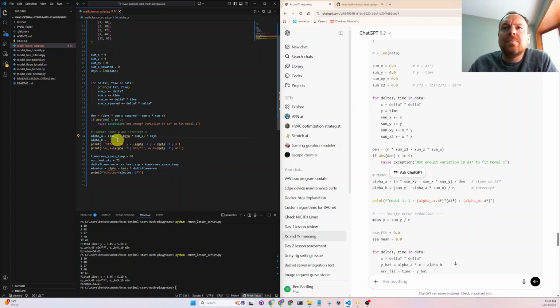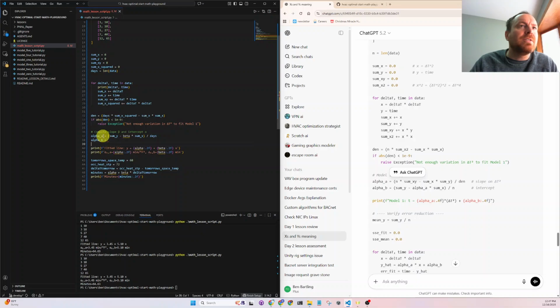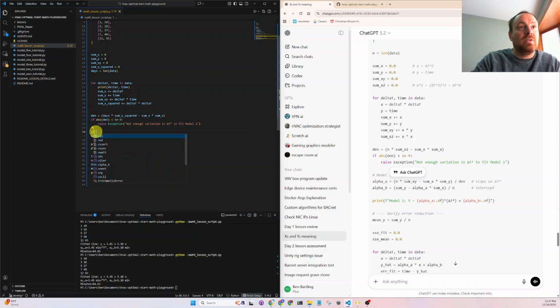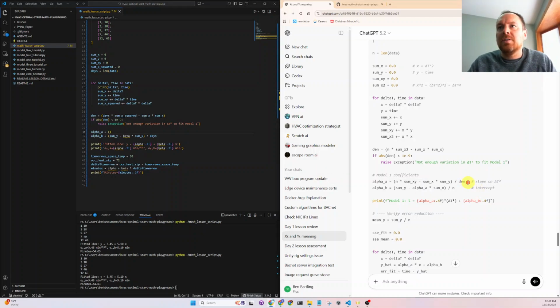Okay, so alpha A was some y minus alpha A times some x divided by days. So I feel like this screwed up. This is actually alpha B. So alpha A equals, I'm just going to copy this.